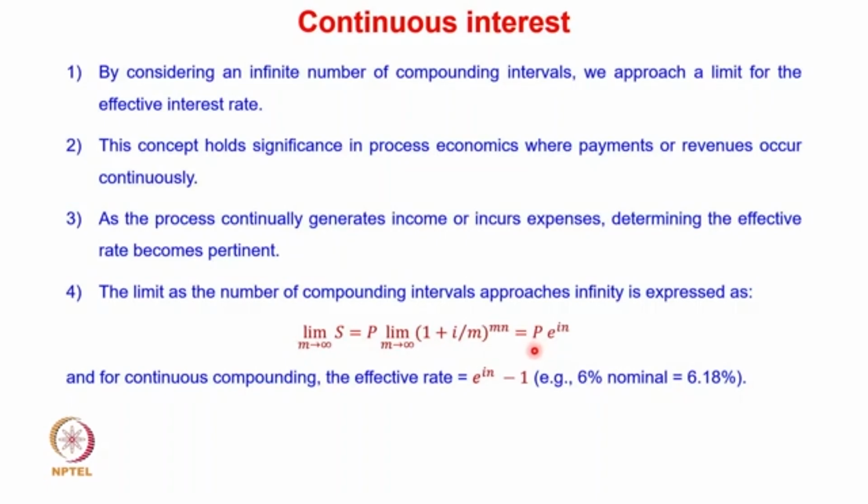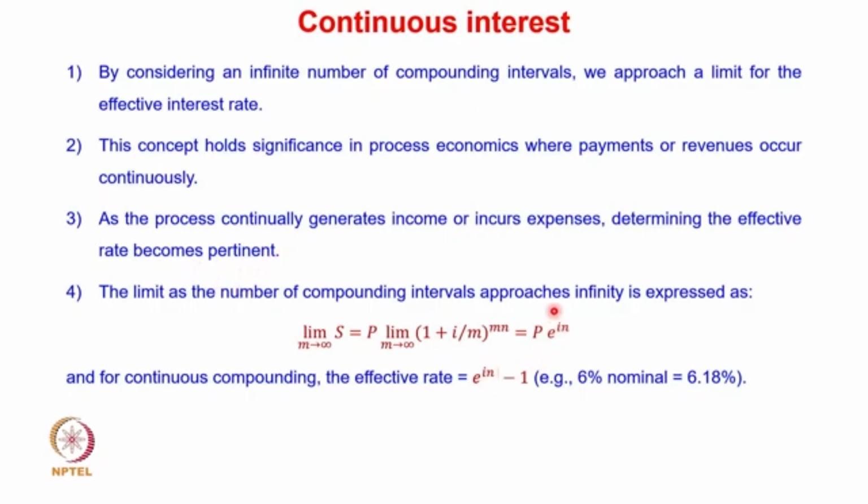Now this concept is extremely useful whenever we are having continuous payments or revenues occurring. Okay, continuously payments are coming, or revenues are coming. In such cases, this continuous interest is important. As the process continually generates income or incurs expenses, determining the effective rate becomes pertinent.